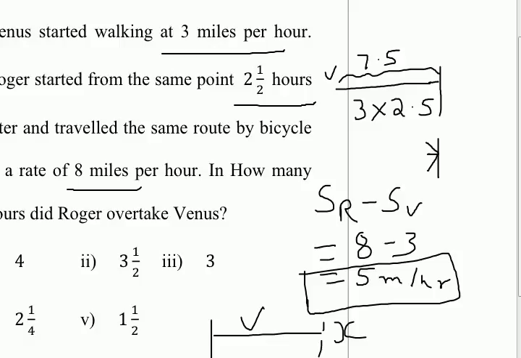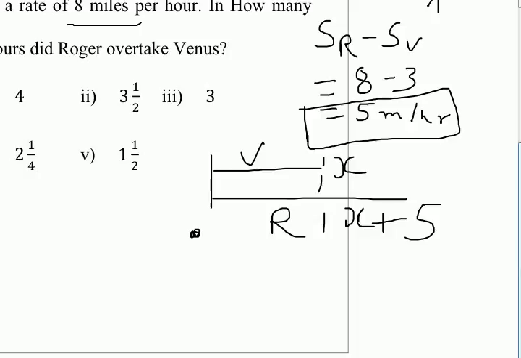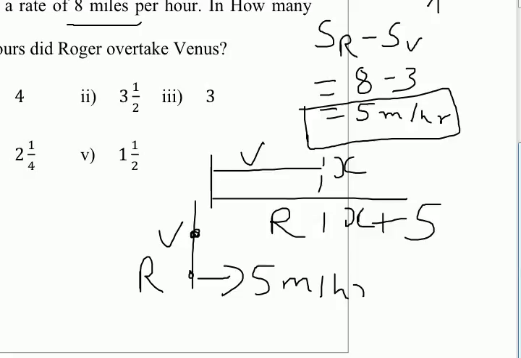Really, you can imagine Venus is stationary at this point, say. So Venus is not moving at all, and Roger is simply moving at their relative speed, so at 5 miles an hour. So this is the concept of relative speed.